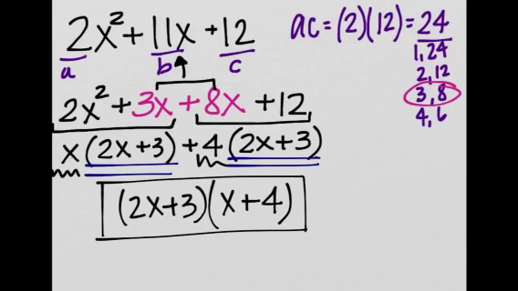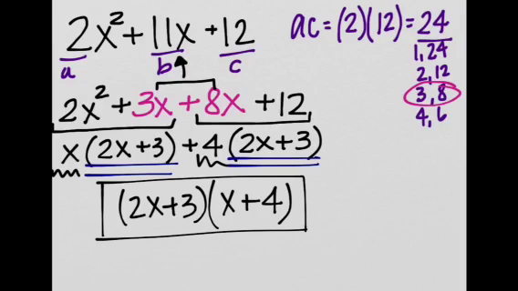So just to recap, we need to find our a, b, and c, and we're going to find the product of a times c. Here it was 24, so we listed the factors of 24. We found which of those factors combined to give us our b, in this case it was 3 and 8, and we use those factors to rewrite 11x as the sum of 3x plus 8x.